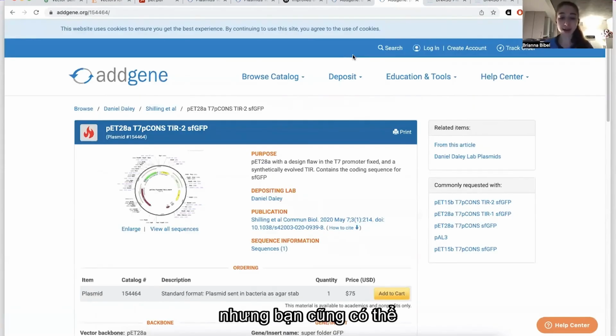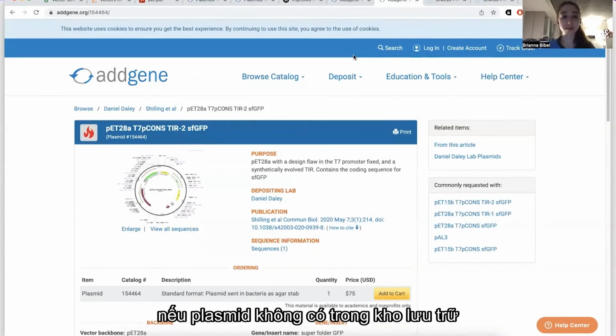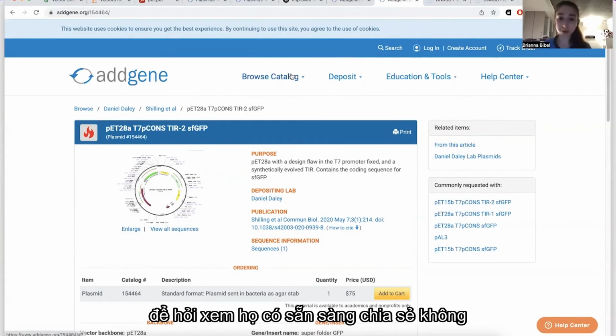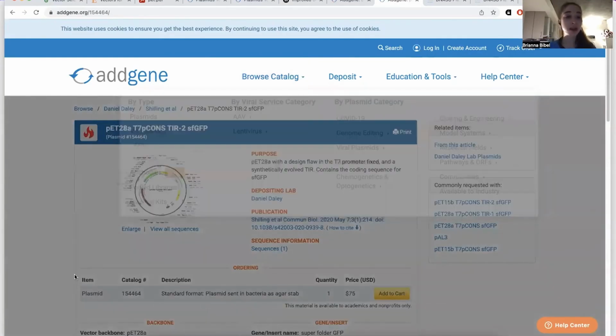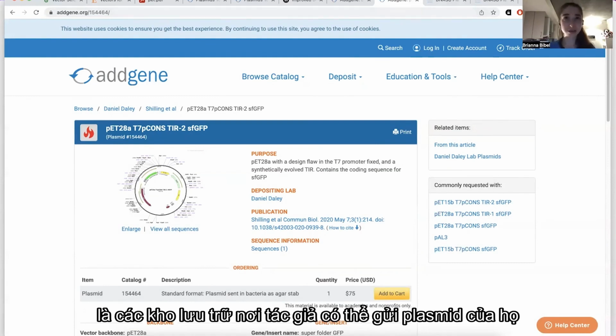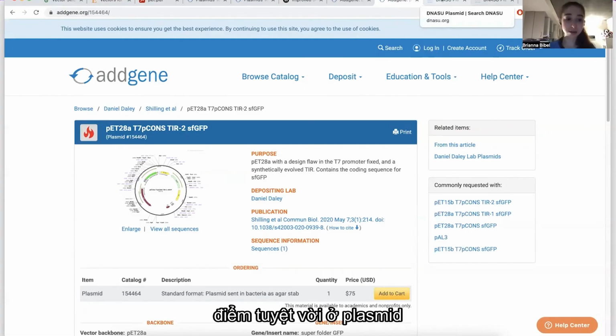But often, if something is not in a depository, there's the option of contacting the authors to see if they'd be willing to share. Addgene and DNASU are repositories that authors can donate a bit of their plasmid to.